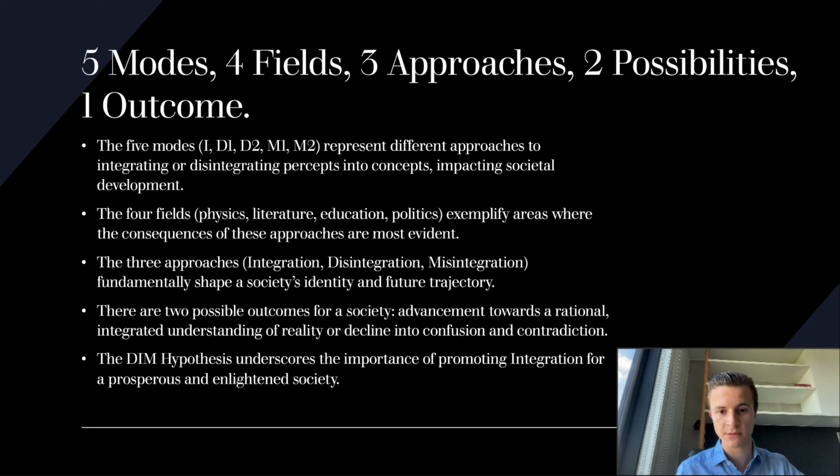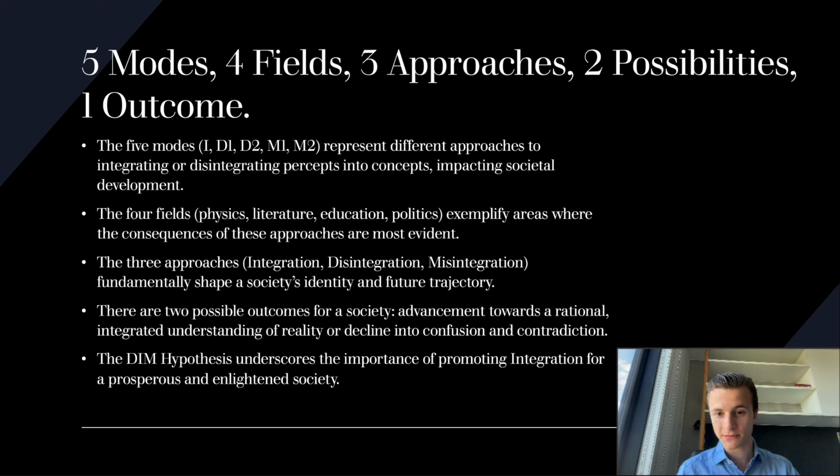Those possible outcomes are either we advance towards a rational, integrated understanding of reality, or we decline into confusion and contradiction, that would be the D alternative, or we fail a different way. So there's actually 3 outcomes, but basically there's 2 in the sense of good or bad. Both M and D would be respectively decline to confusion and contradiction for D, and the worship of something outside of reality and beyond us as M at the expense of our lives.